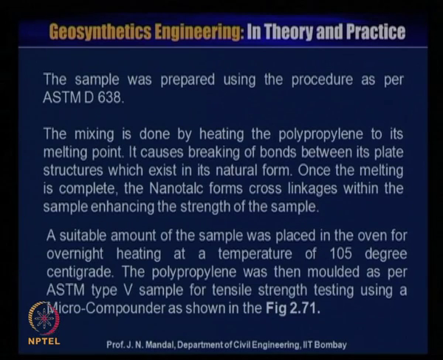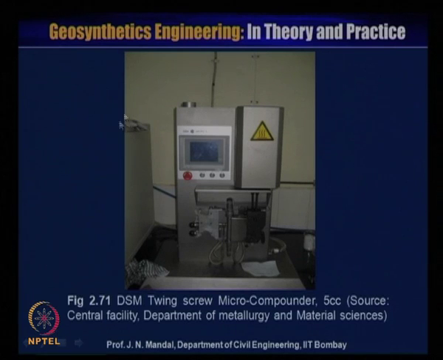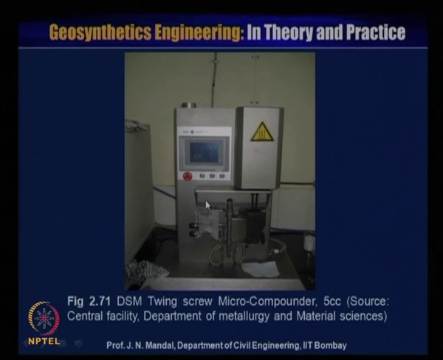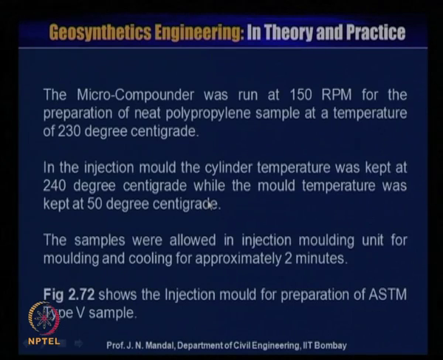A suitable amount of the sample was placed in the oven overnight, heating at a temperature of 105 degrees centigrade. The polypropylene was then molded as per the ASTM type B sample for tensile strength testing using a microcompounder, as shown in this figure. So this is the DSM twin screw microcompounder, from the central facility of the Department of Metallurgy and Material Science.